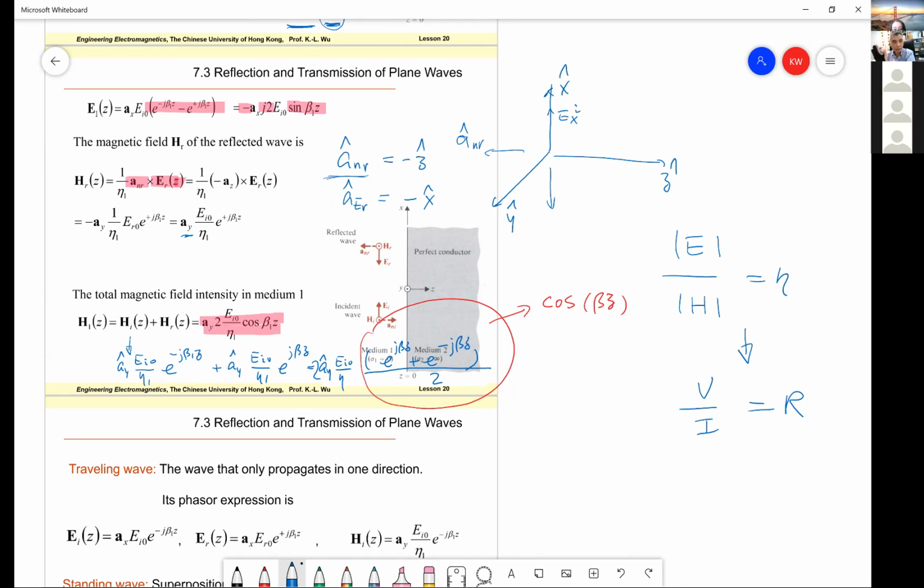It is not applicable to the total field. If you apply it to the total field, that would be wrong, right?